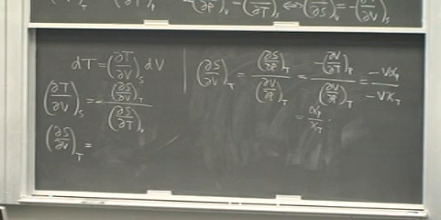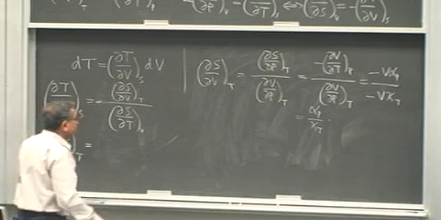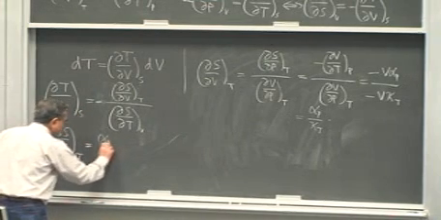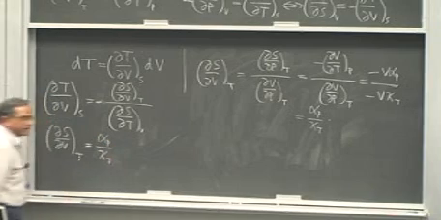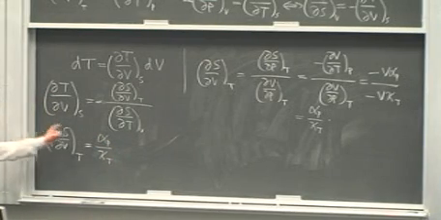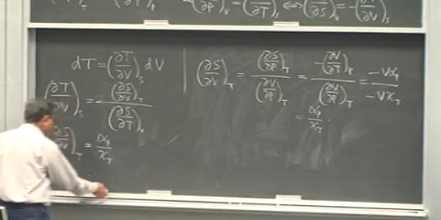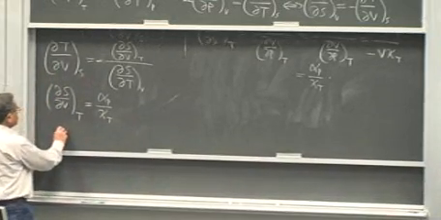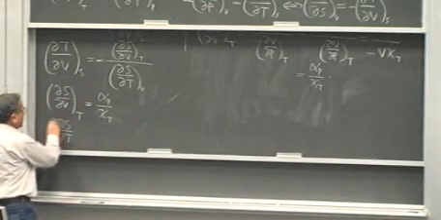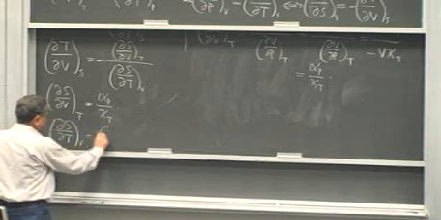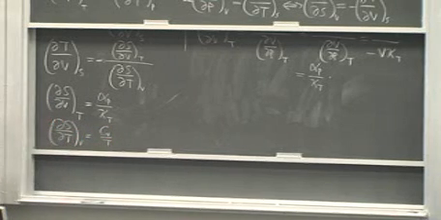Now, you people should trouble your TAs, get them to work hard, again and again. So this is alpha P over kappa T. All right, we still have this dS by dT, and it is easy to see that dS by dT at constant V is CV over T, right? Do I have your attention?